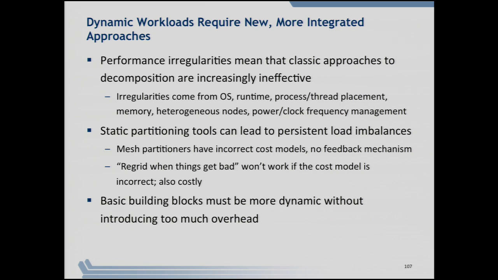It's another source, but it's really one of many of these performance irregularities. And so if the code is a little more flexible to performance irregularities, the impact of the topology and the placement can be reduced. Another way to think about this is, again, we talked about how it is very common for an application to do communication and computation. Well, that means that the network is idle a lot of the time.